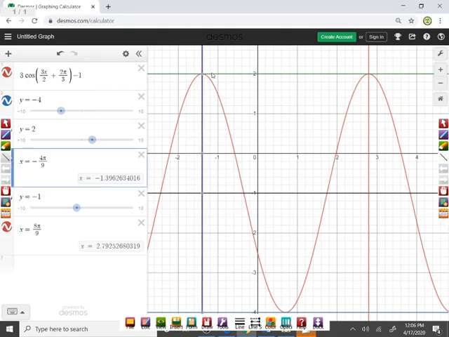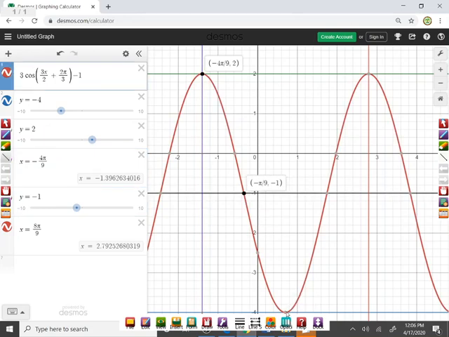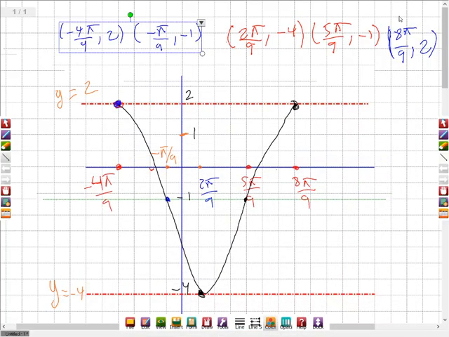This is 1 point, 2 points, 3 points, 4 points, 5 points. I'm going to leave this for you for a second. 1, 2, 3. And this is my graph. You see that? The same exact thing.